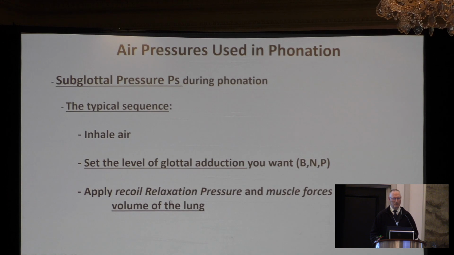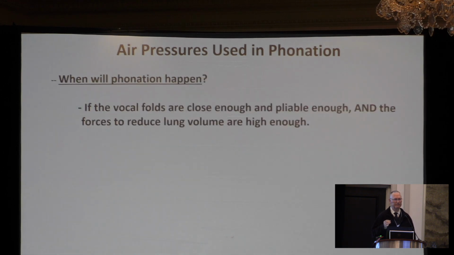Then you apply the recoil from the relaxation pressure as well as muscle forces from the torso to what? To reduce the volume of the lung. Those recoil and muscle forces reduce the volume of the lung for egressive airflow. So you combine reduction of lung volume and glottal adduction in order to create subglottal pressure.